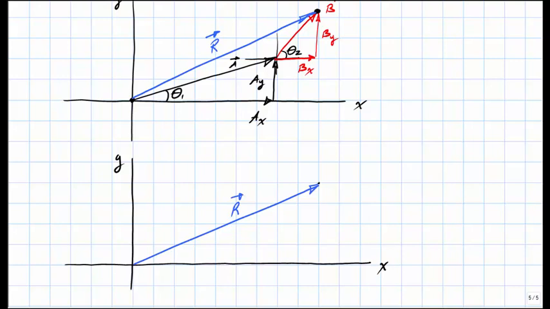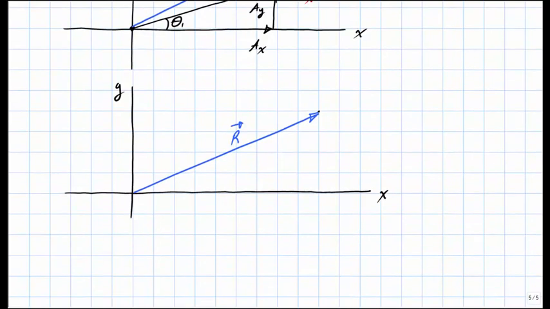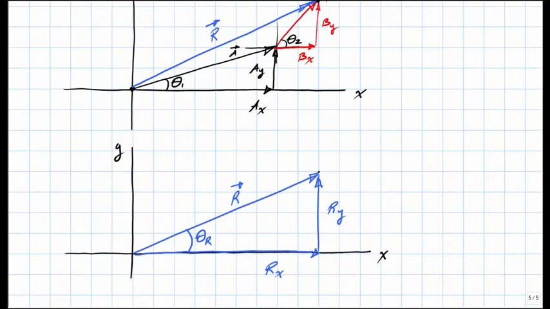We also want to note that vector r has its own components, and we will draw the components like this. This is the x component of r, and this is the y component. Let's label them as r sub x and r sub y, and also this is the angle that's associated with our resultant vector. The question now is, what is the relationship between r sub x and the variables that we see in the original diagram?